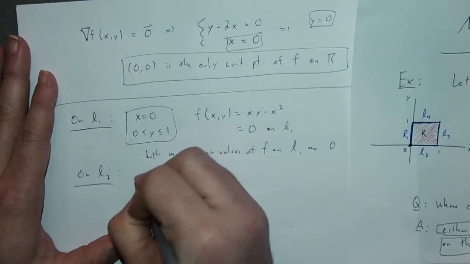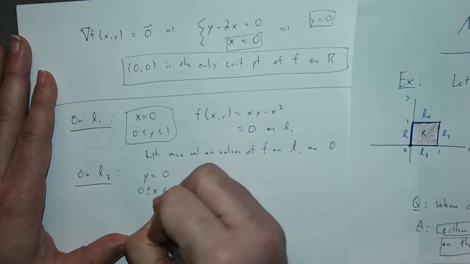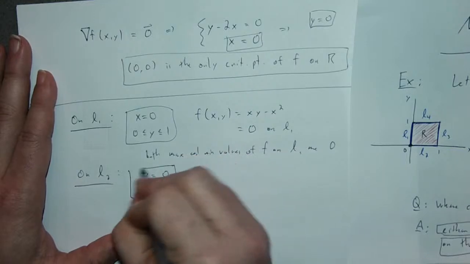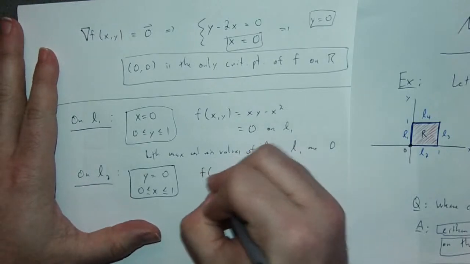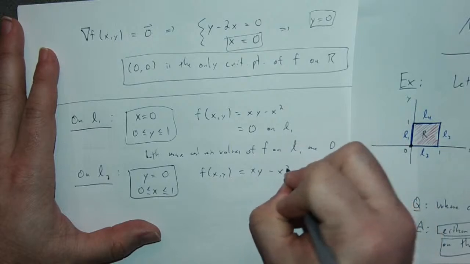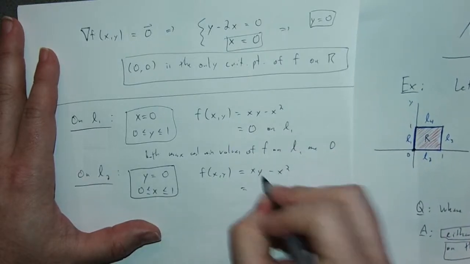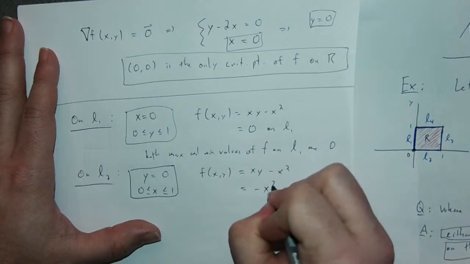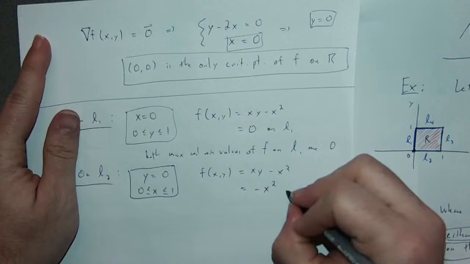And f of xy is xy minus x squared. X is varying between 0 and 1, but y is 0, so this term goes away, and this is minus x squared on L2.